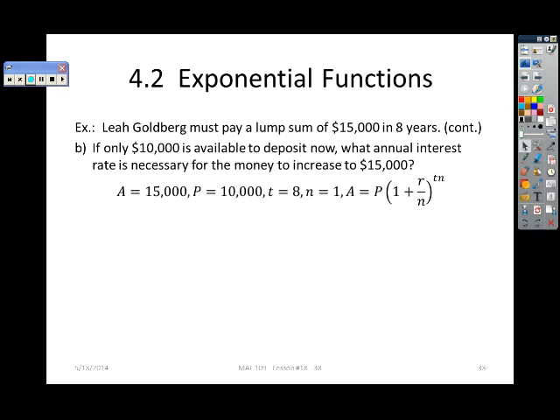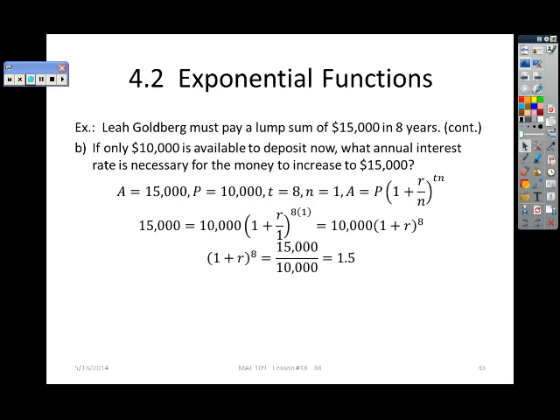What's our interest rate? So we plug the numbers in, and we wind up getting this. 1 plus R to the 8th power equals 1.5.